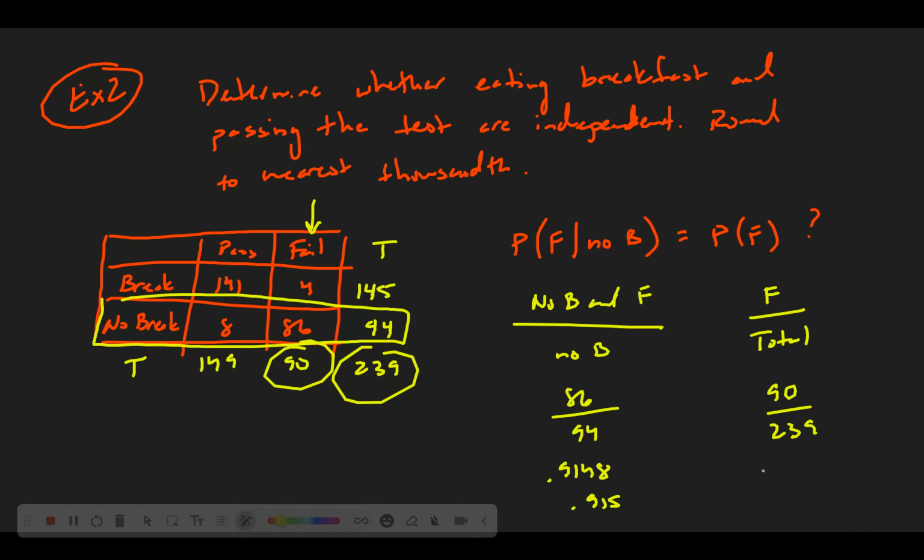You divide those, you get 0.377. So obviously those are not equal. Because they're not equal, that means that they are not independent, which means that they are going to be dependent.